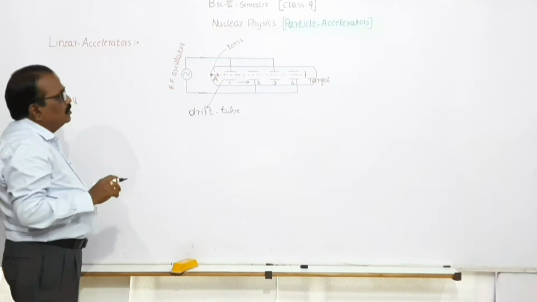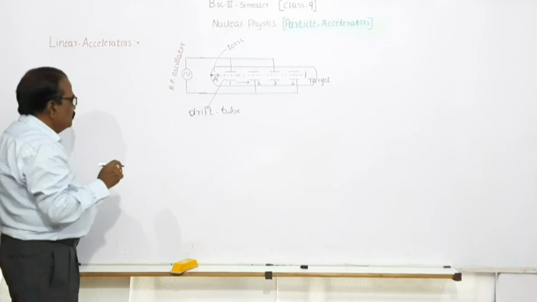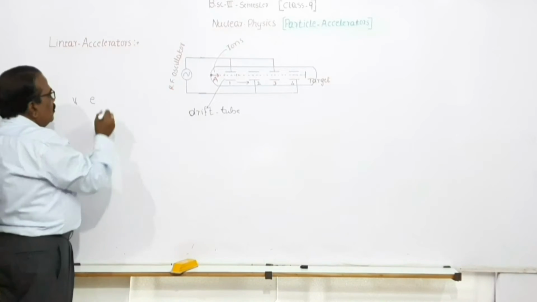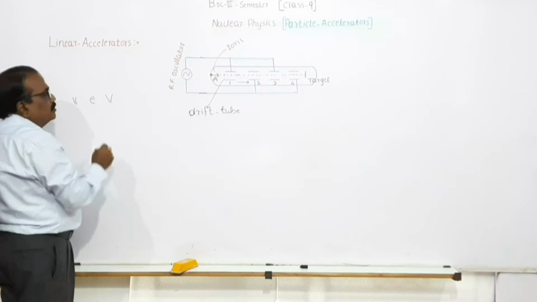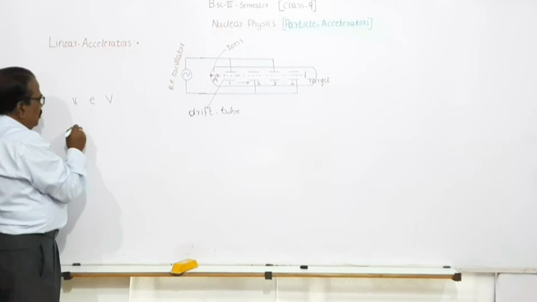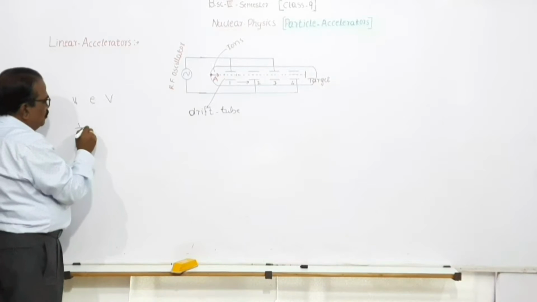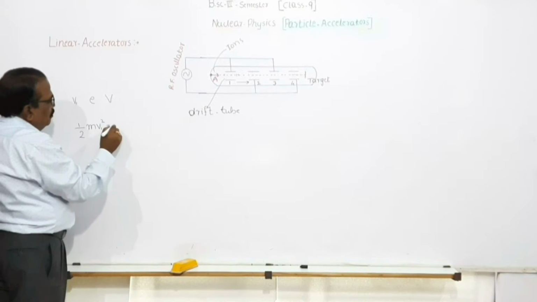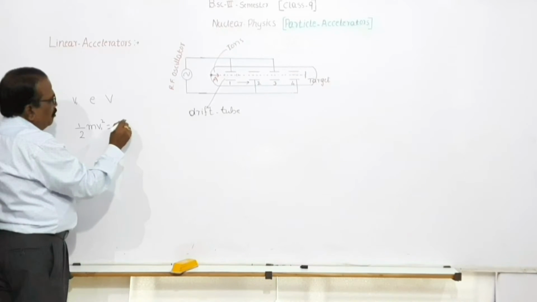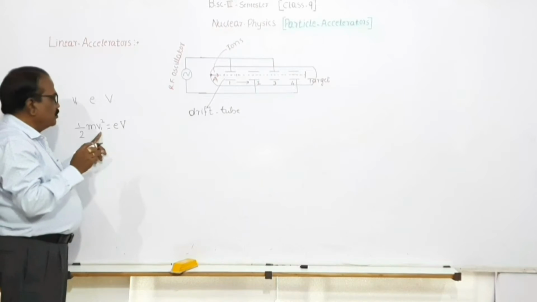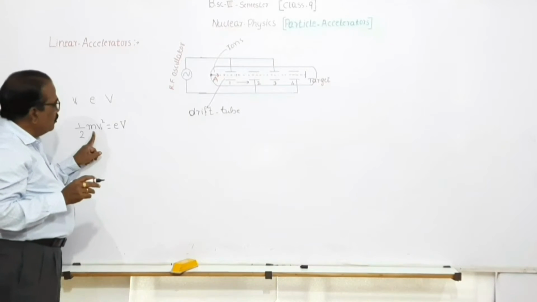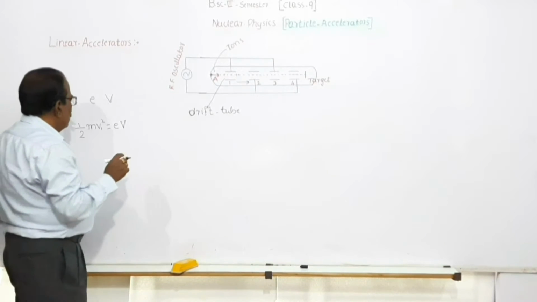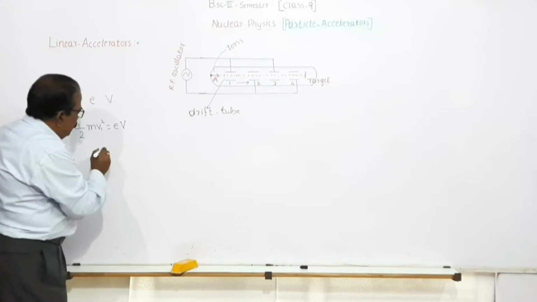If V1 is the velocity of that positive ion in the drift tube and E is the charge on that ion, V is the potential difference, then the energy of the ion in the first tube, half m v1 square, is equal to E into V, where v1 is the velocity, m is the mass of that positive ion, and E is the charge, V is the potential difference.